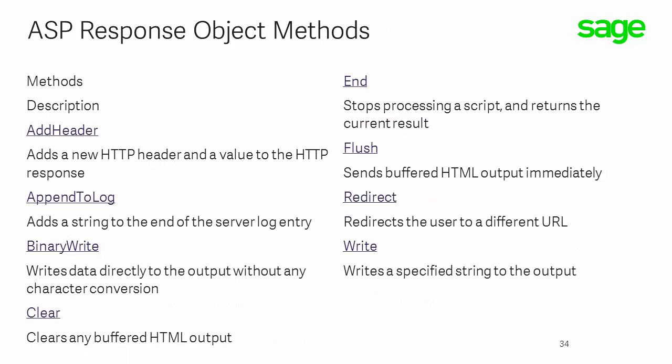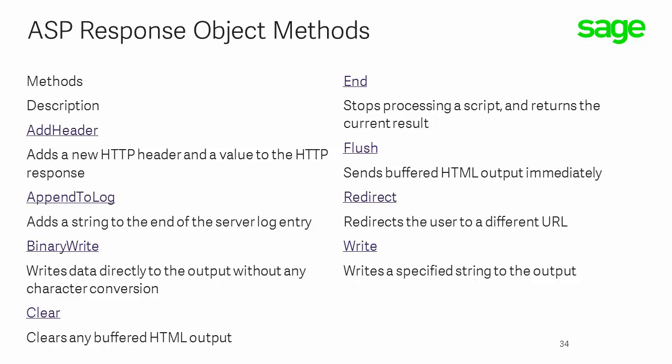And we use the different methods within the response a lot. Certainly the most commonly used ones are write and redirect. Write is used all the time to generate the message up onto the screen, passing back the HTML that we want.